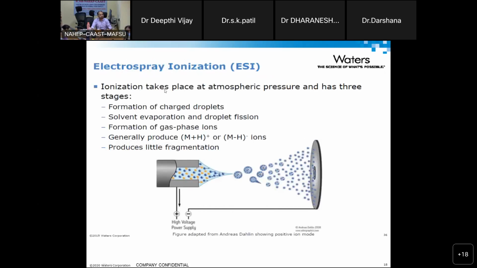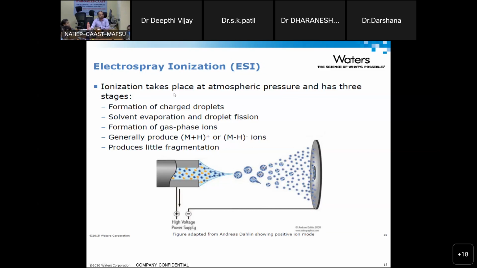So the first is electrospray ionization. As the name suggests, it basically works on the phenomenon of spraying of electrons at the tip of the capillary, to initiate the process of ionization and to form the ions from the sample or the eluent which is coming from the liquid chromatography.